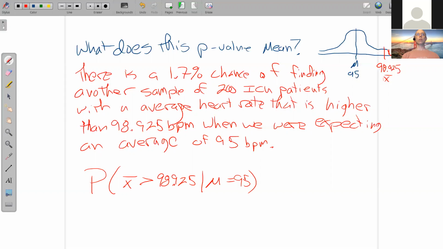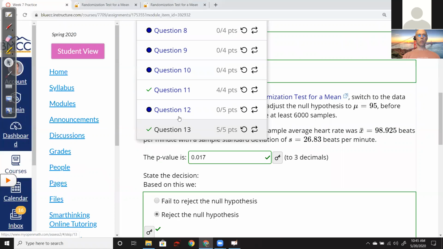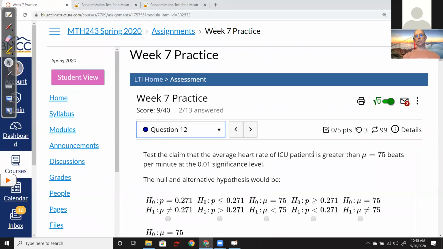So those are the questions that popped up there. I wanted to go back and look at number 12 for a sec, just for fun. Number 12 is almost the same question, but there's a slightly different claim. This time I want to test the claim that the average heart rate of ICU patients is greater than mu equals 75 beats per minute.